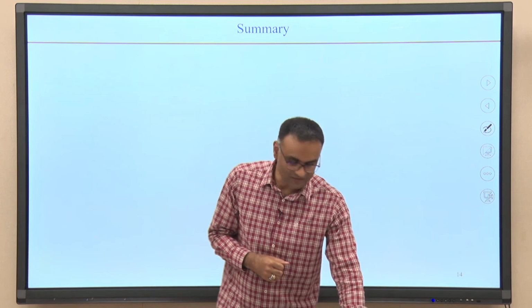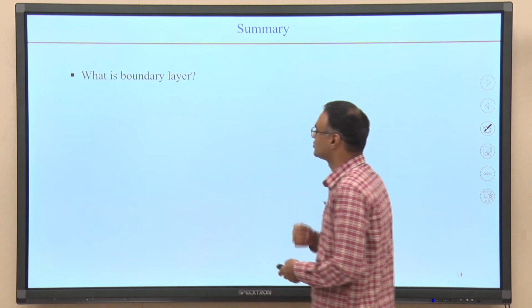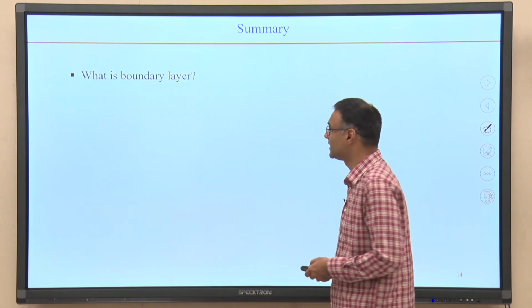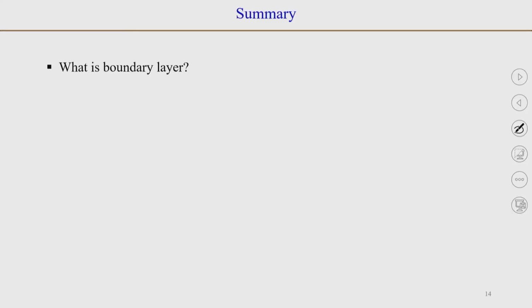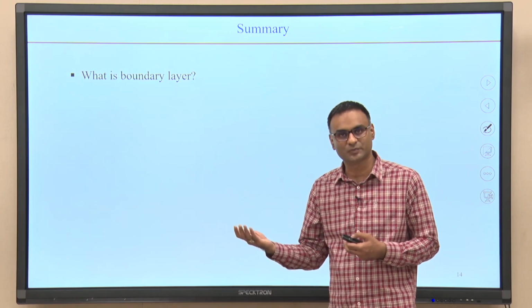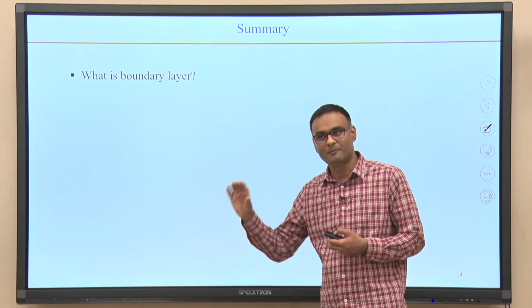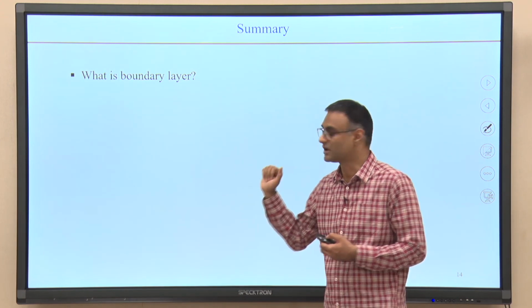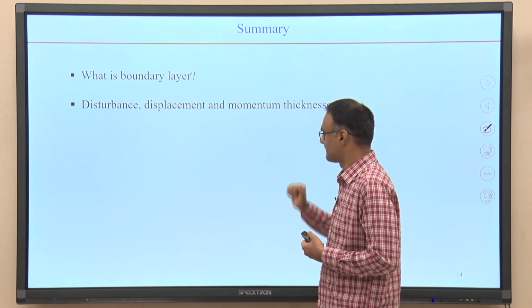Okay. So, what we have studied in today's class is we looked at what a boundary layer is and how it is important to explain some phenomena, for example, the no slip boundary condition or D'Alembert's paradox, when we take boundary layer flow into account along with the outer potential flow.